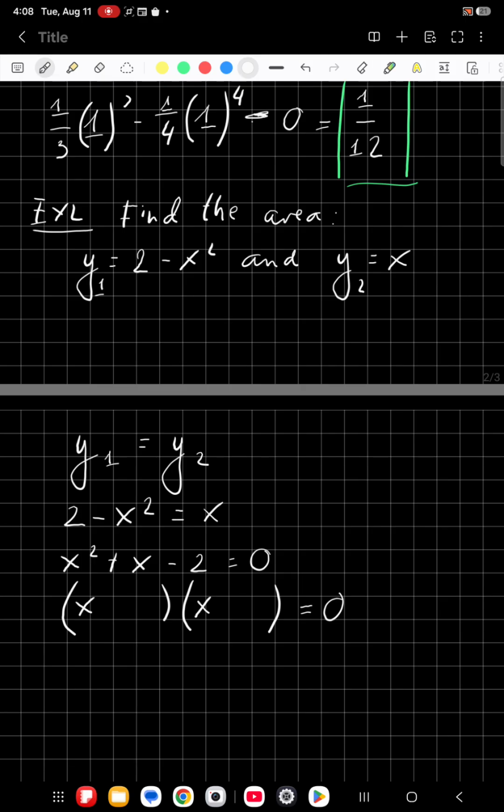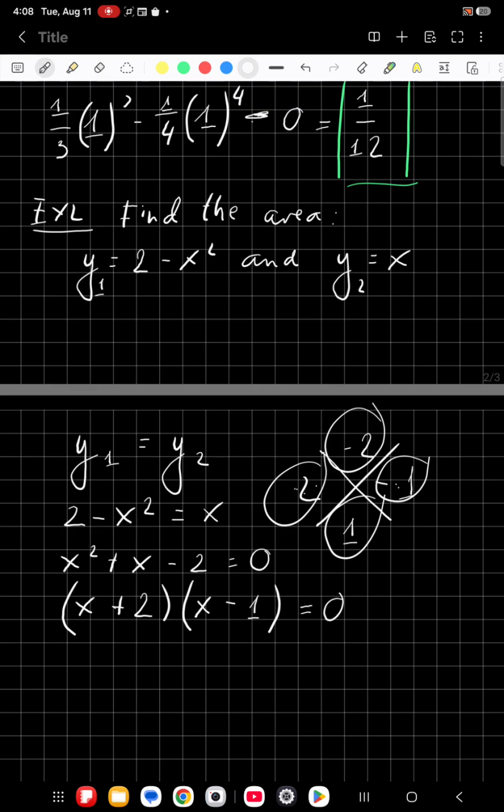I need to have positive x, so plus 2 minus 1. You've probably seen this little device that helps you organize the factoring. So negative 2, 1, and you're looking for these two numbers, 2 and negative 1. When we multiply these two, we get this. When we add these two, we get 1.